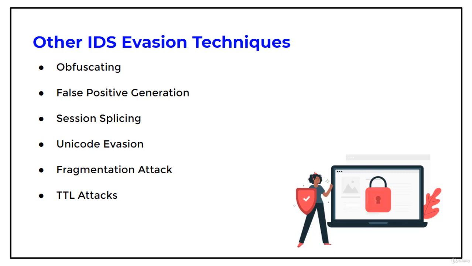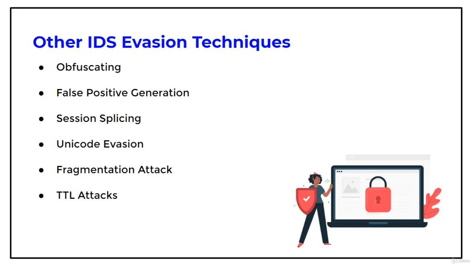Fragmentation attack. Fragmentation can be used as an attack vector when fragmentation timeouts vary between IDS and host. If the fragment reassembly timeout is 10 seconds at the IDS and 20 seconds at the target system, attackers will send the second fragment exactly 15 seconds after sending the first fragment.